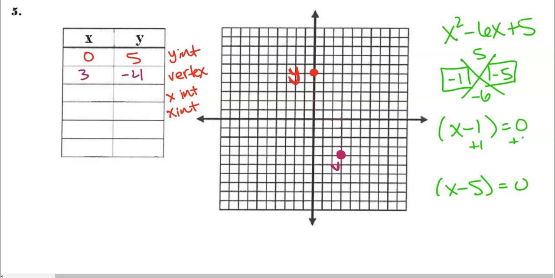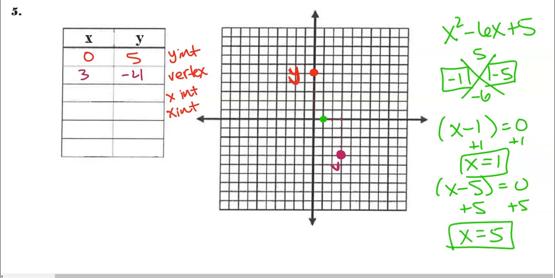But if I get x by itself by, in this case, adding 1 over, right here, and then over here, if I add my 5 over, now the x is by itself, and it shows you where it crosses the x-axis. 2, 3, 4, 5. And now that makes way more sense. So 1 and 5. Those are your x-intercepts.